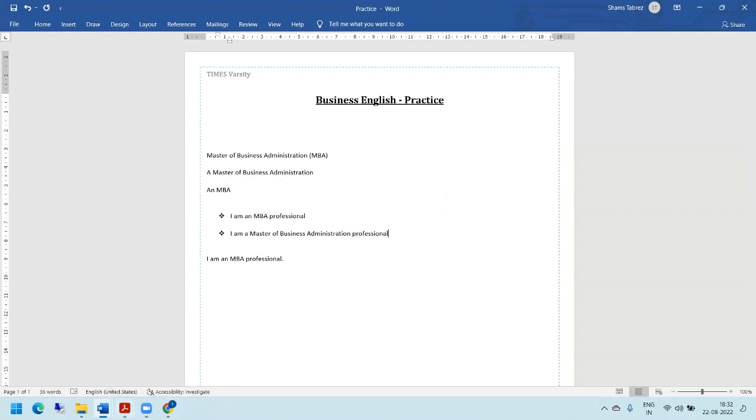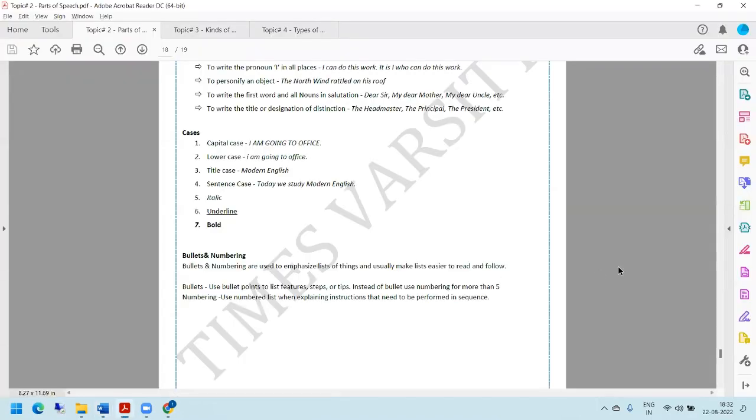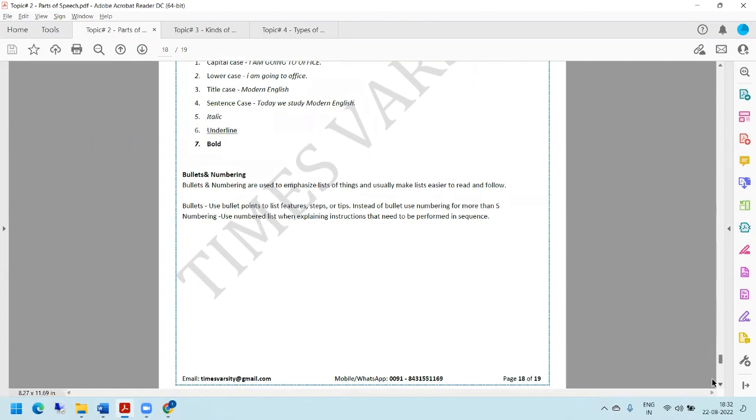Okay, this is what we need to take care of. Use bullet points to list features, steps, and tips. Use numbering for more than five items, or when explaining instructions that need to be performed in sequence. So this is about bullets and numbering.